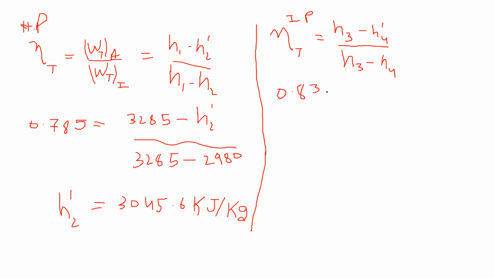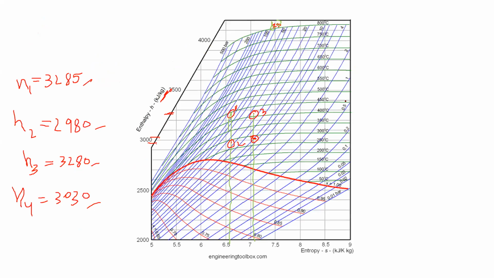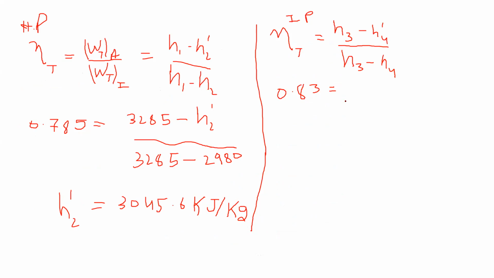That 0.83 is the turbine efficiency, and H3 is 3280 kilojoules per kg. We don't know H4 dash. I have to find H4 dash.